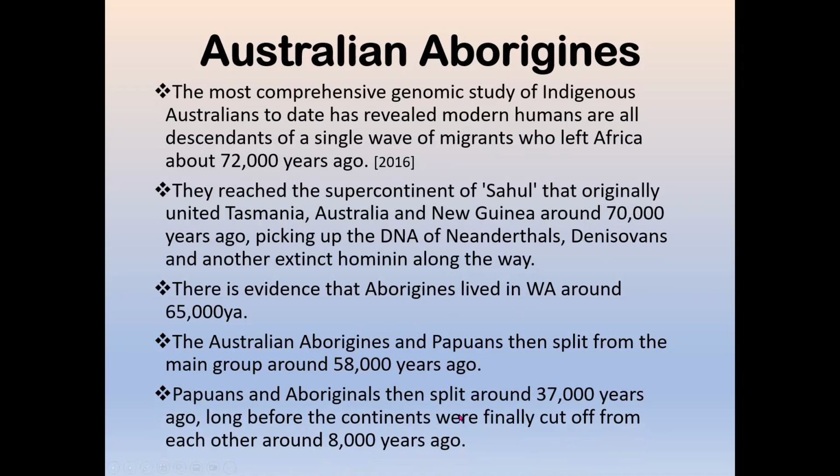And they find the continents were finally cut off about 8,000 years ago. But they separated because the genetics showed that somewhere along the way, they stopped communicating with each other. And that includes having kids.